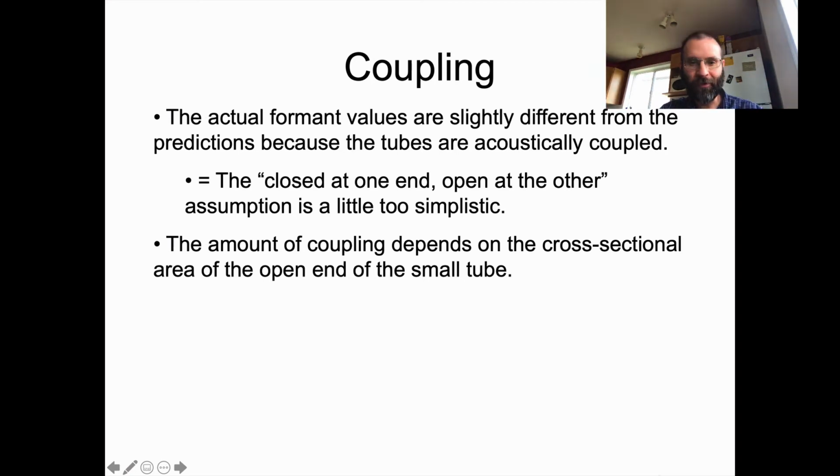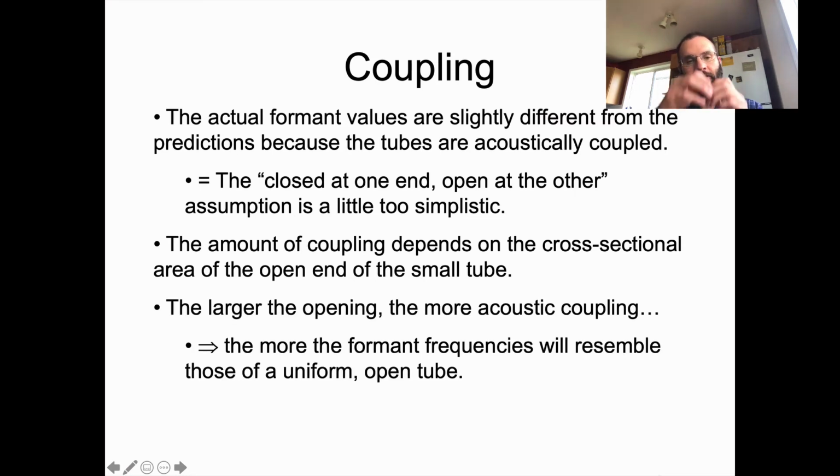So coupling basically means there's kind of bleed, or whatever you want to call it, in terms of the waves resonating in the two tubes as they cross over from one tube to the next. The amount of coupling you get depends on the cross-sectional area of that open end of the small tube. Basically, the larger the opening, the more acoustic coupling there is.